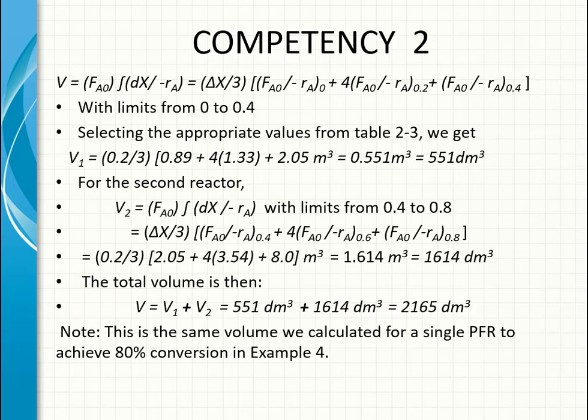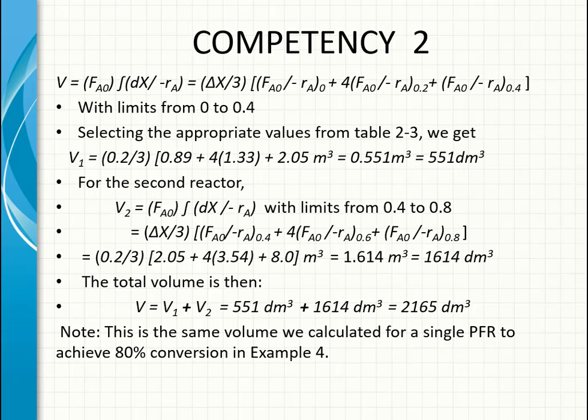So the volume V2 is going to be delta x divided by 3 times FA0 divided by minus RA evaluated at 0.4, plus 4 times FA0 divided by minus RA at 0.6, plus FA0 divided by minus RA evaluated at 0.8, and substituting the values of table 2.3, the result will be a volume V2 of 1,614 cubic decimeters or liters.